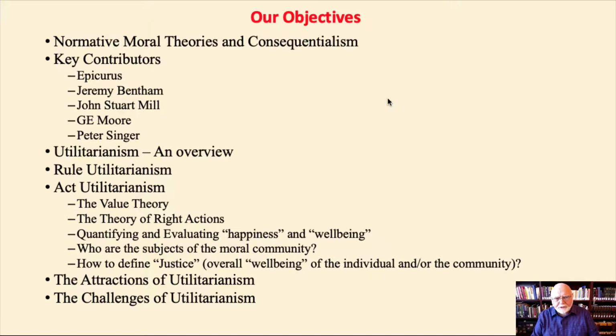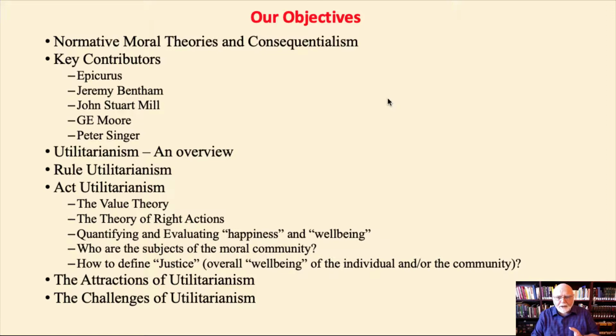Then we'll turn our attention to utilitarianism proper, beginning with a brief review of rule utilitarianism, and then looking at some of the important aspects that help us understand some of the issues concerning the usefulness and the value of and the functioning of utilitarianism, its value theory, the happiness principle, and then its theory of right actions, maximizing the benefit of those actions.